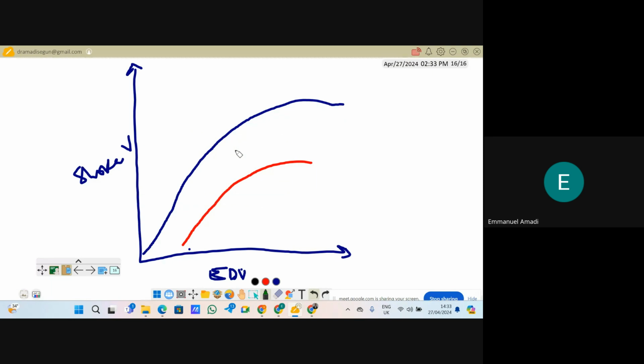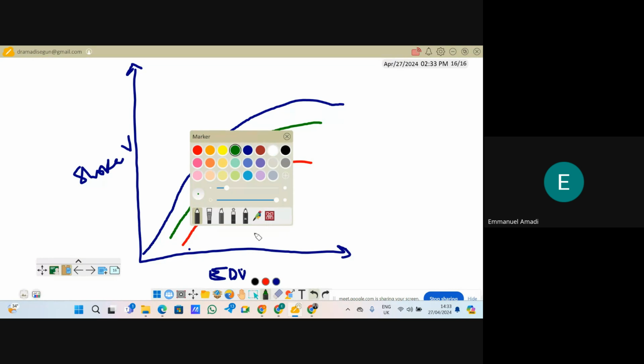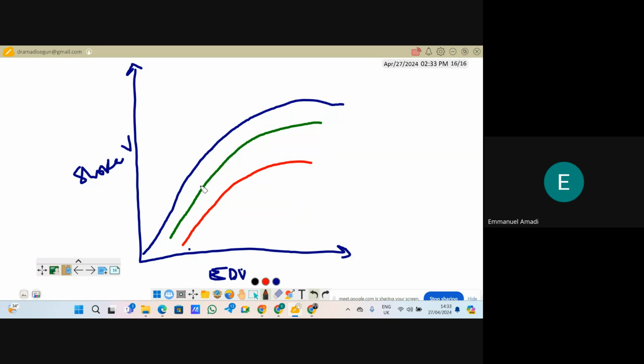Then you can see this is another one in green. And then there's one final one. Let's use this color. Now, see what I want us to do.